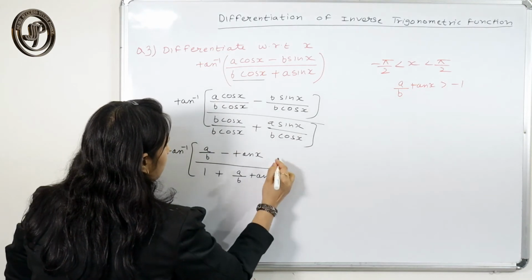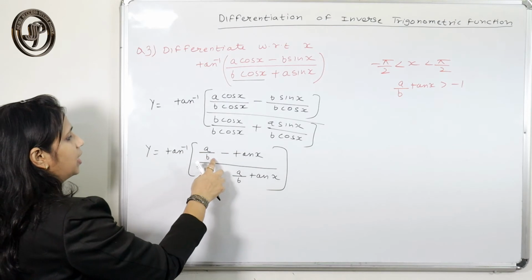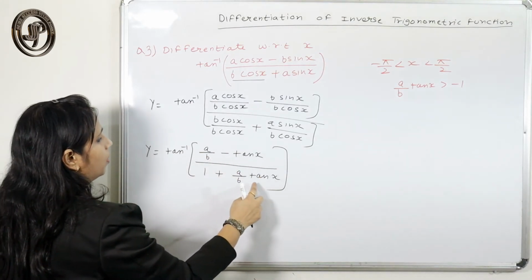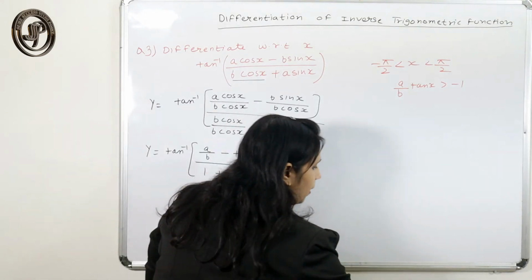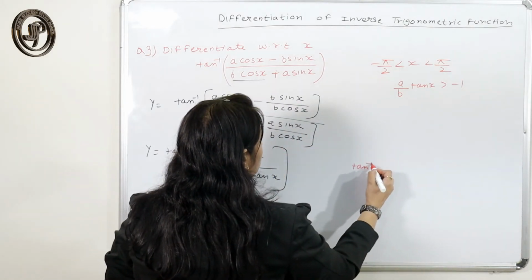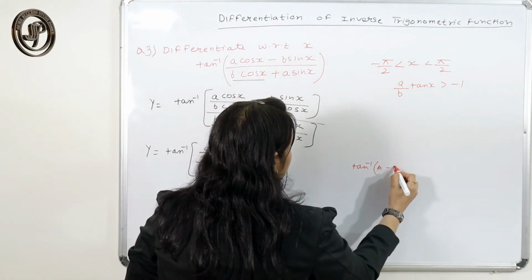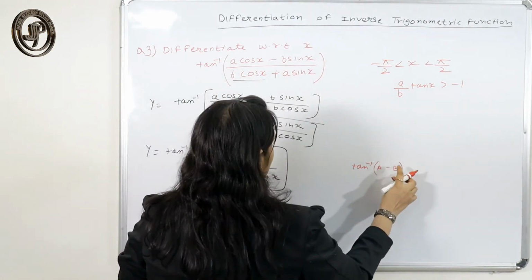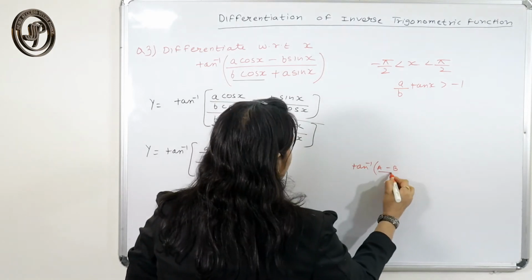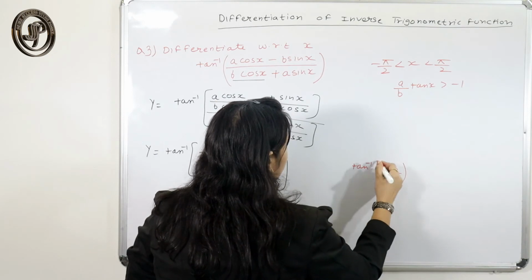Now this becomes the formula tan inverse of A minus B upon 1 plus AB. Here I am writing the formula that I am going to use. This is the formula.